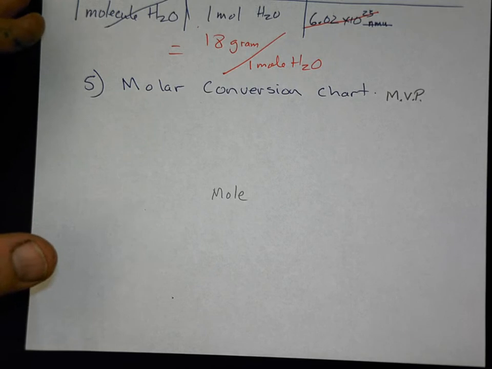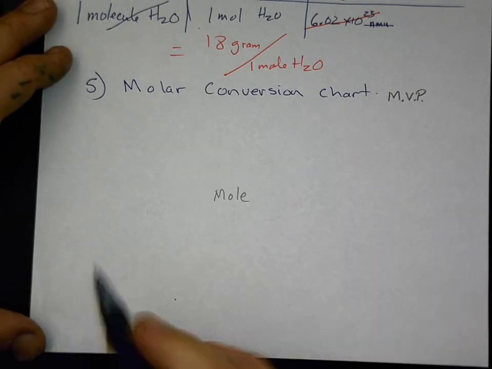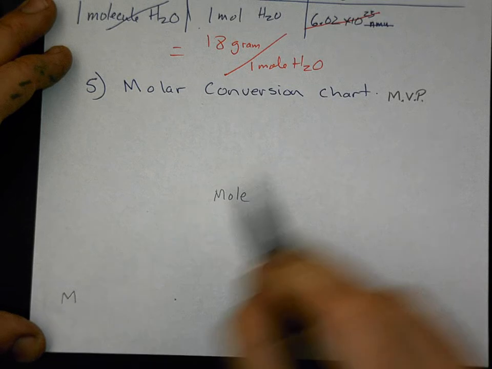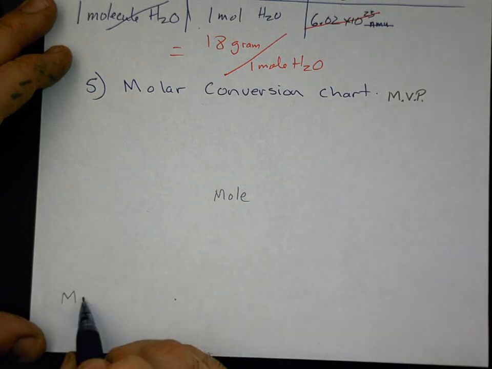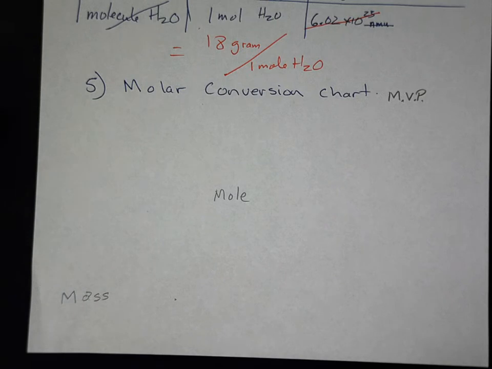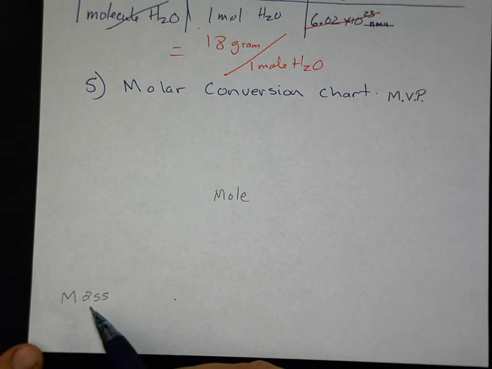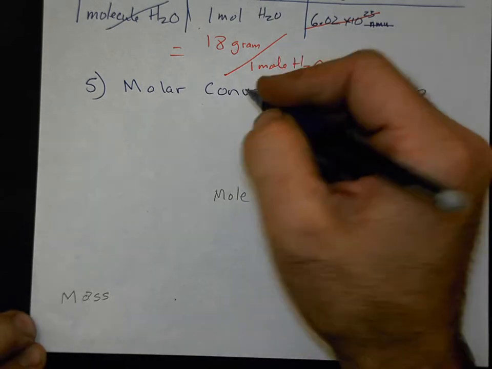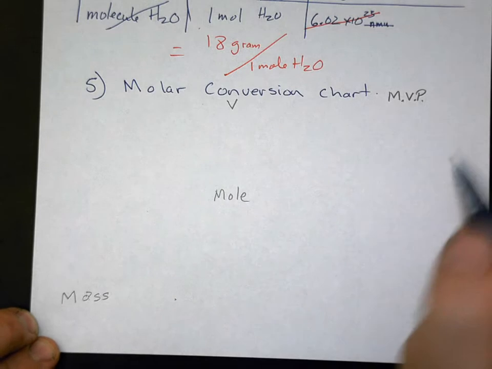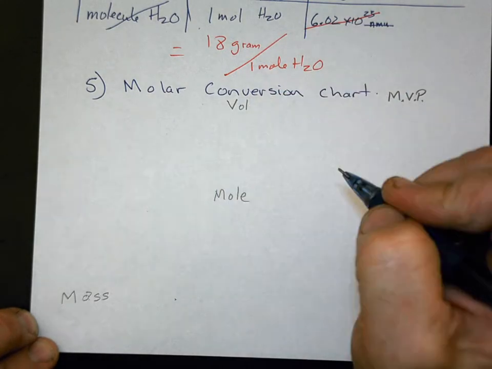Now let's put at the bottom left corner an M, this M for MVP, and this is going to be mass. This is something that when you go to take the test, if you need to have on your scratch paper, you can get this drawn out right away. Most valuable player, V. What do you think the V is standing for? Okay, if you said volume, that's how much space it takes up.